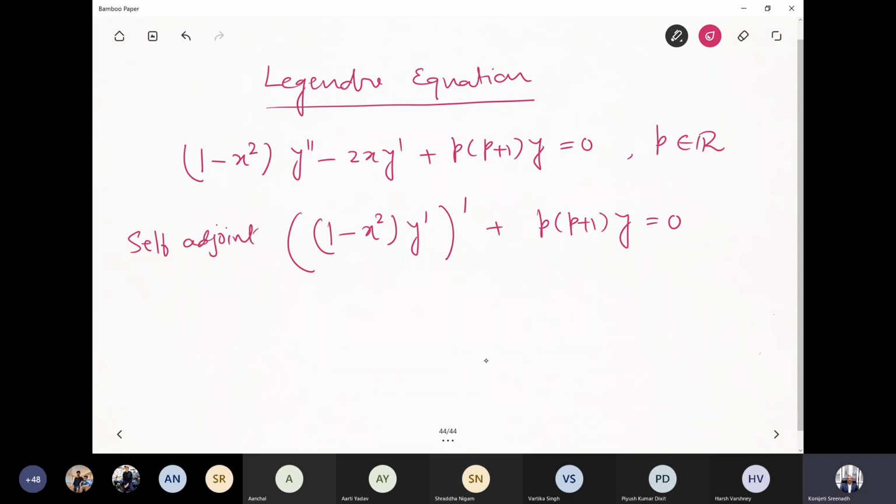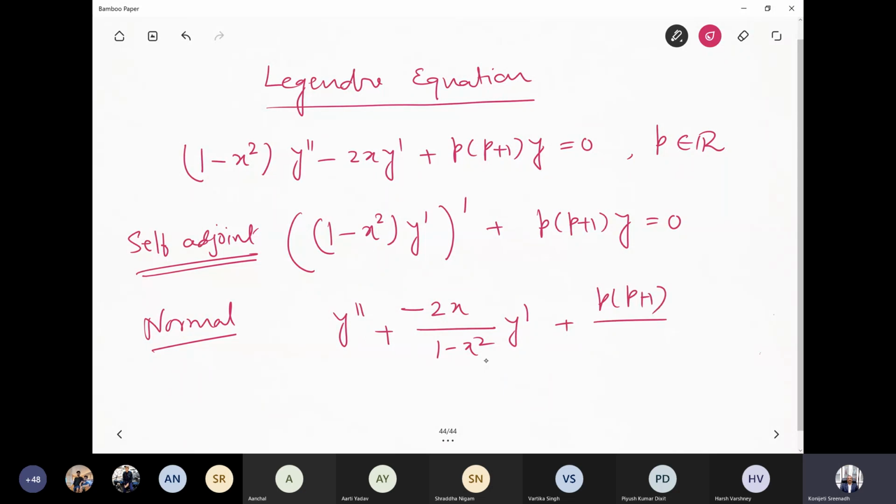I'll tell you when it comes what is the meaning of self-adjoint. And the normal form is what we have been writing, that y double prime plus a1(x) y prime plus a2(x) y equals 0.